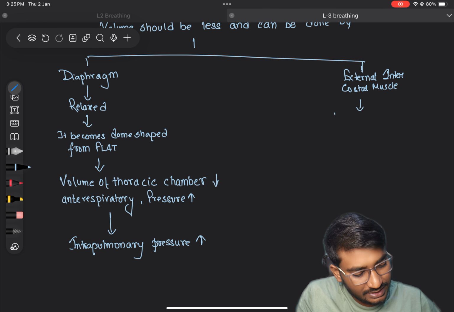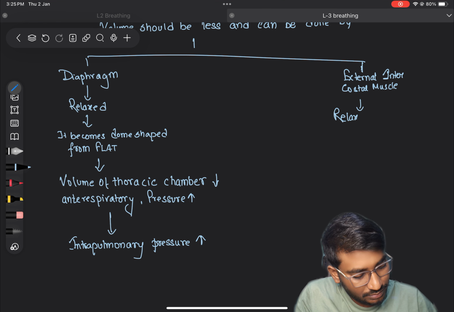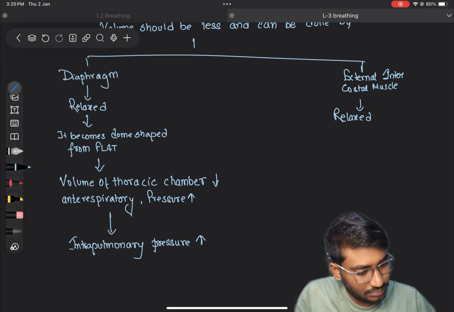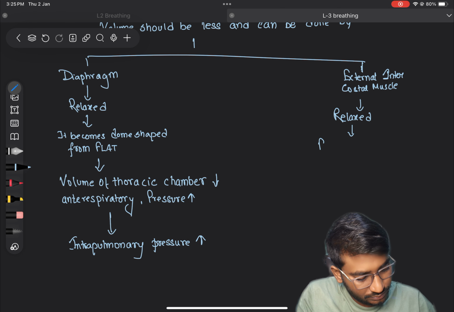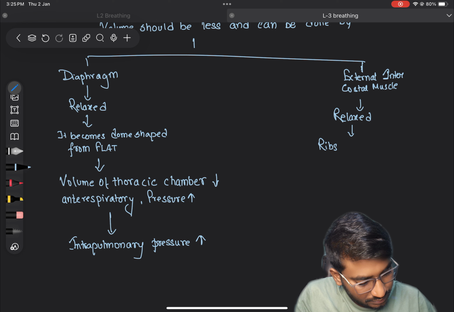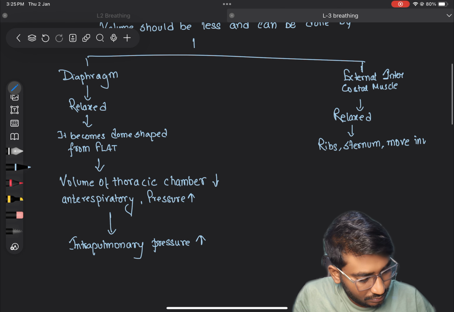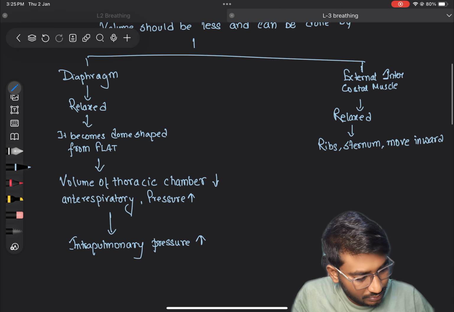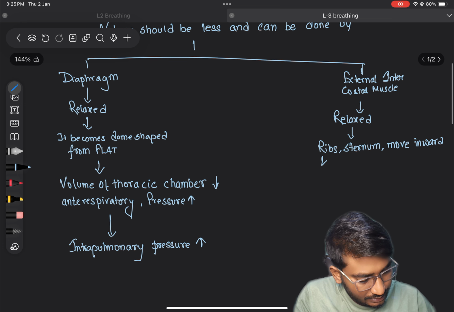Now the external intercostal muscle gets relaxed. Now the ribs and sternum move inward and slide downwards.